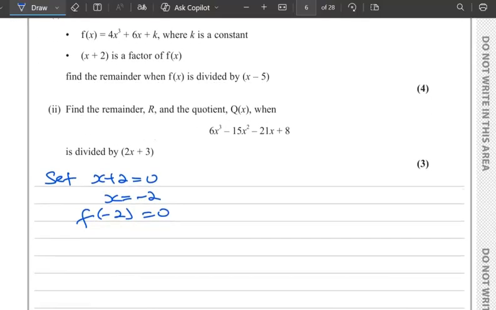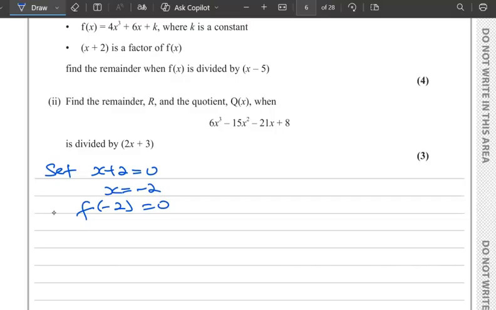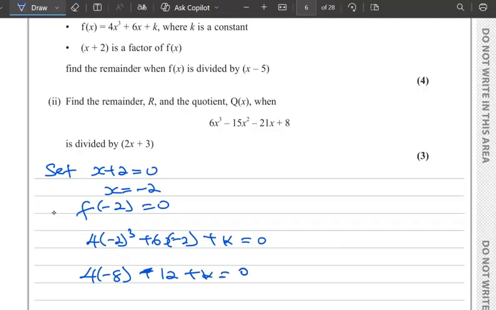So this implies that we'll have 4 into -2 power 3 plus 6 into -2 plus k, and this one should be equals to 0. -2 raised to power 3 is -8, so this one is the same as 4 into -8 minus 12 plus k equals to 0.